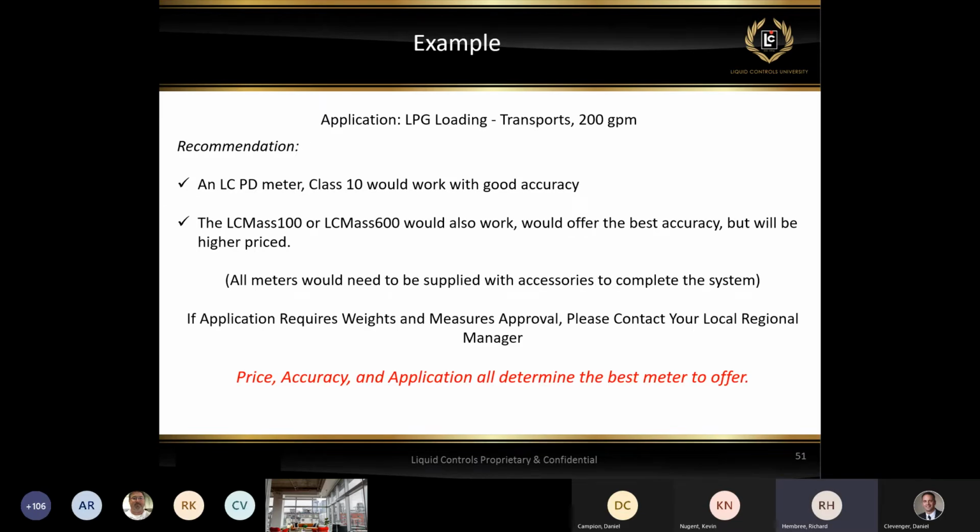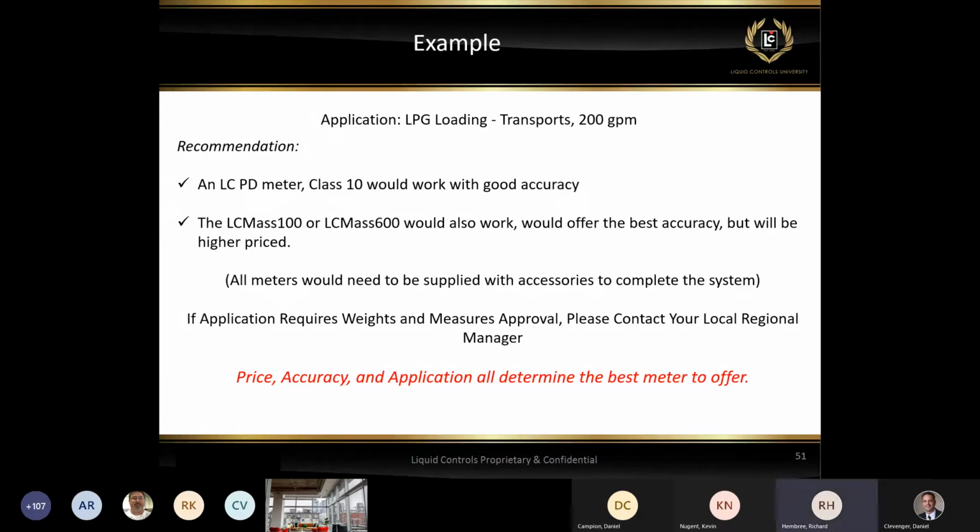We do recommend on the mass flow meter that it also has a vapor elimination system and a strainer to protect it, because those particles could go through the meter and be counted as liquid, and that gives us erroneous errors. There also should be a control valve in the system, and whether or not that application requires weights and measures approval.